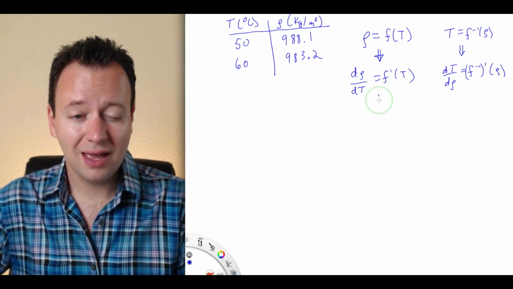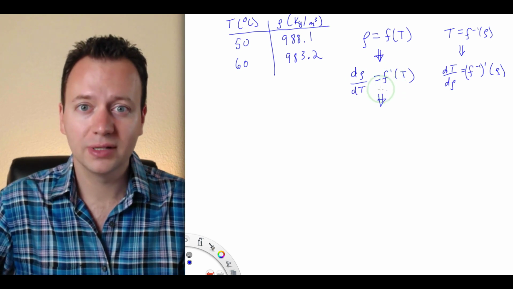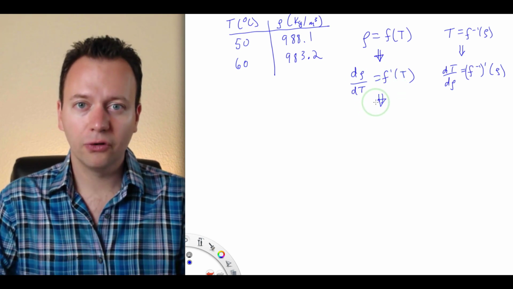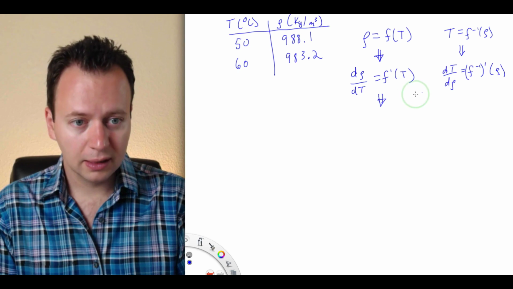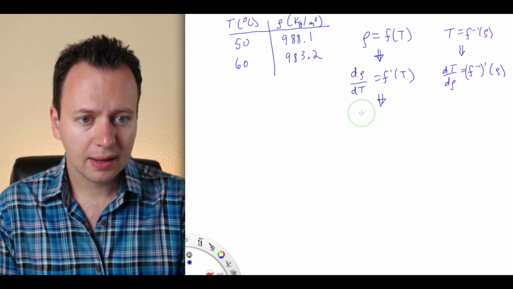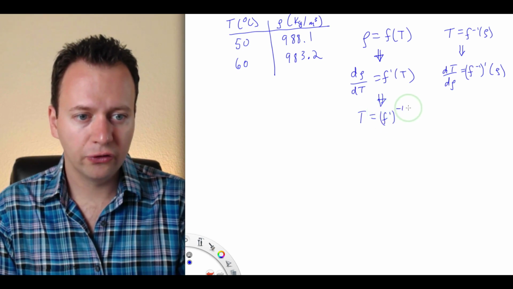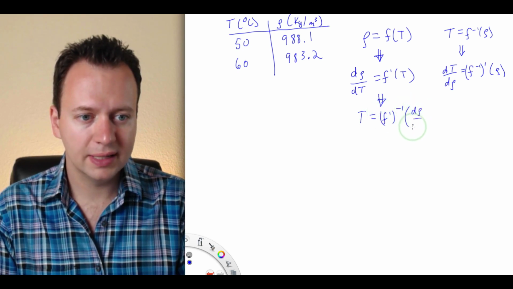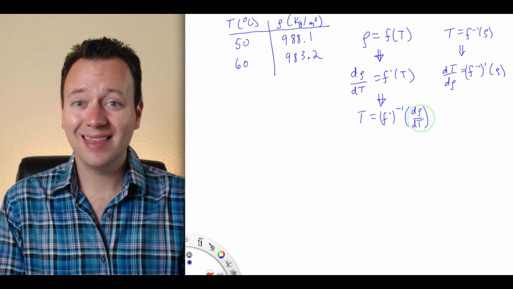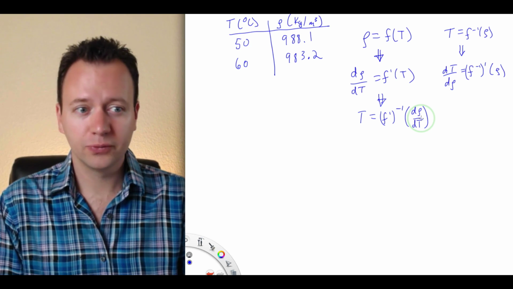Now if you take the inverse function of f prime, so we already said that f prime was d rho dt, if we apply the inverse function to this, we get something different. We get t is equal to f prime inverse acting on d rho dt. So you can see again the order matters whether you say f prime inverse or f inverse prime.